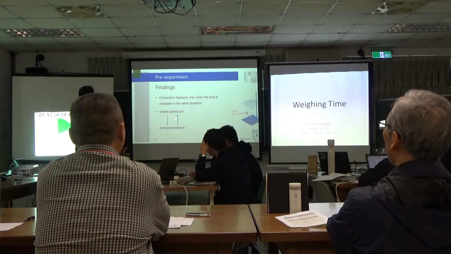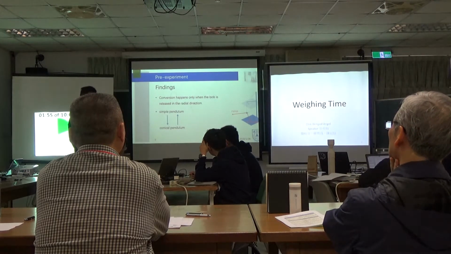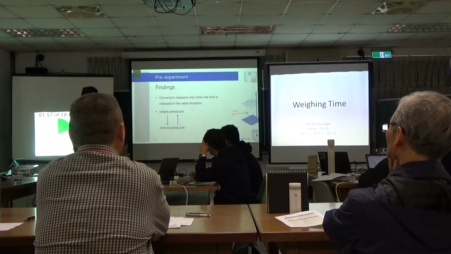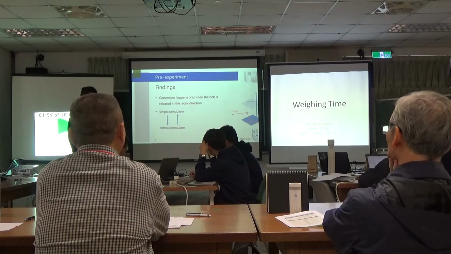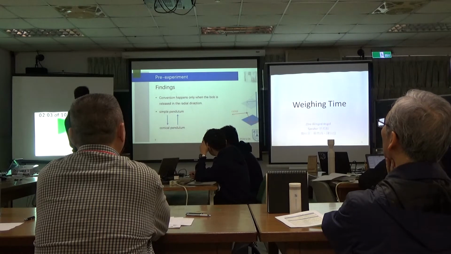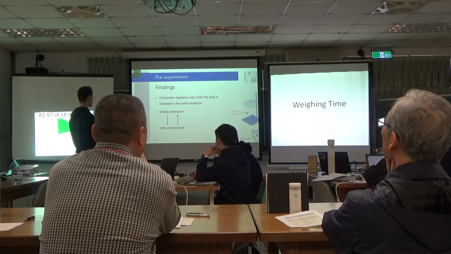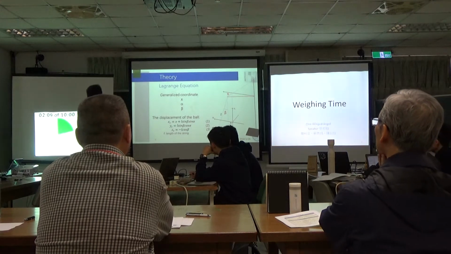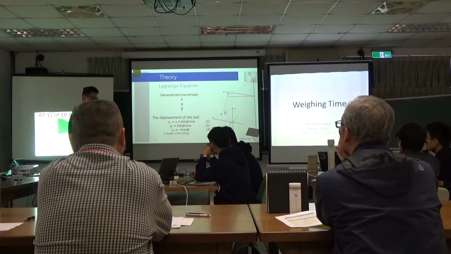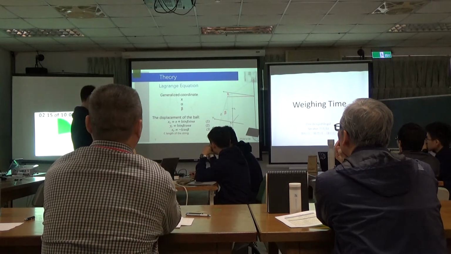And secondly, at first it is a single pendulum, and it will gradually convert into conical oscillation, and then it will convert into single pendulum again. To explain the phenomenon, I built up this theory. Let's see the figure.